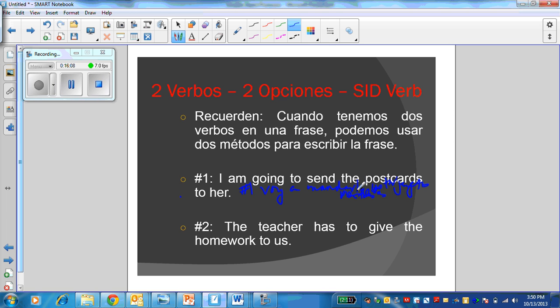Okay, so I'm going to send the postcards to her. Postcards, direct object, objeto directo, so it's going to be las. To her, we're going to use le. So what you're going to want to say is, remember, if I have an infinitive, infinitivo, vamos a poner los pronombres al fin, at the end.